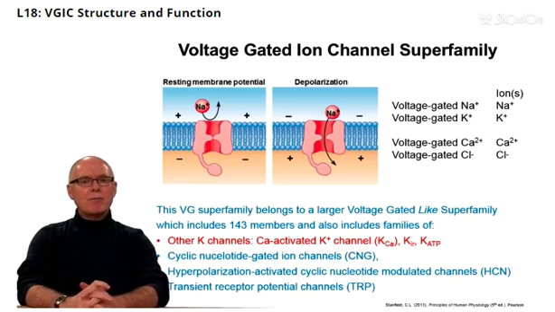However, there are also many channels that are like this superfamily, yet still distinct in many ways. This has resulted in the creation of a larger voltage-gated-like superfamily, which includes the non-voltage activated potassium channels and TRP channels as examples.